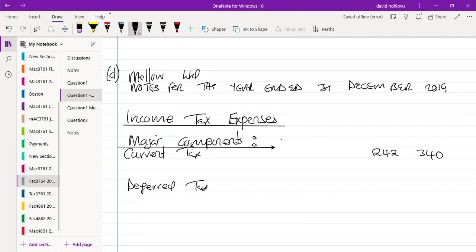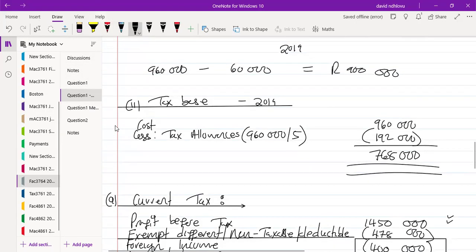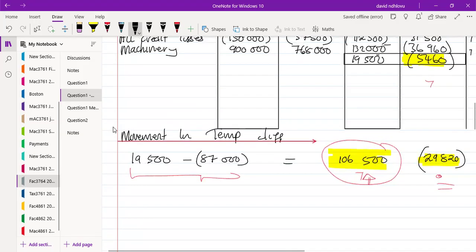Then I go to the deferred tax. On the deferred tax, I want the movement. So I go to the deferred tax calculation here and ask, what is the movement in deferred taxation? 29,820.